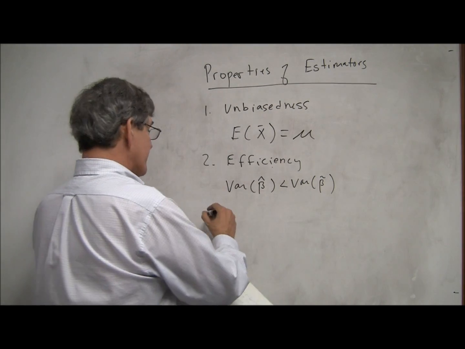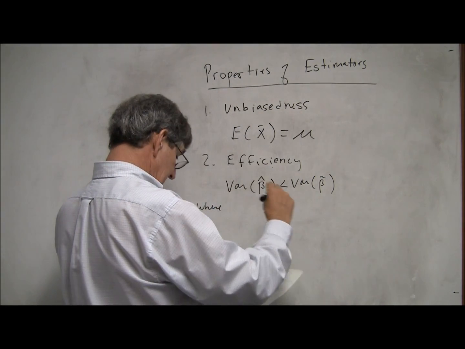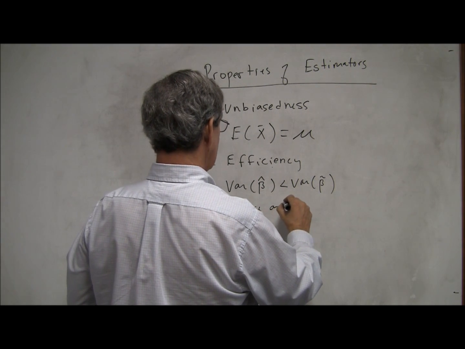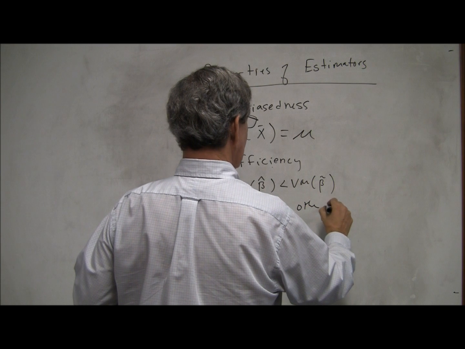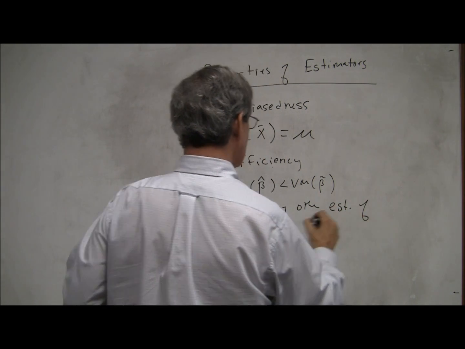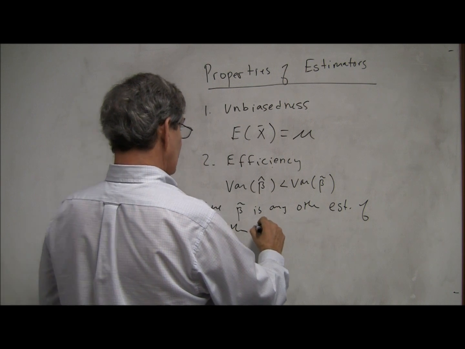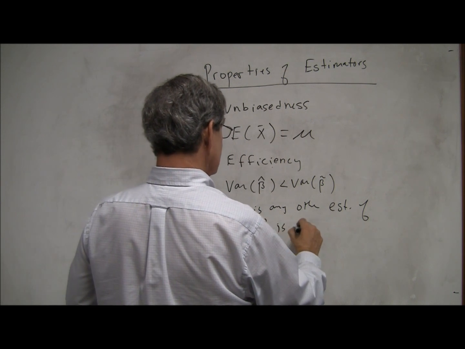So if this is true, where beta tilde is any other estimator of beta, then beta hat is efficient.